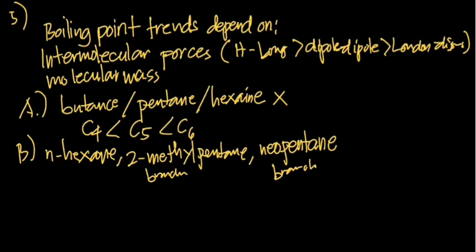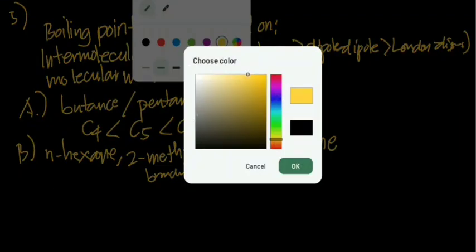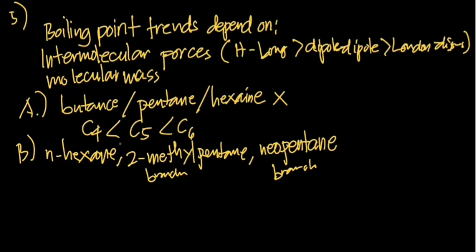Okay, so the highly branched, the boiling point is less. Branching reduces boiling point. So the order should be n-hexane greater than 2-methylpentane, greater than neopentane.